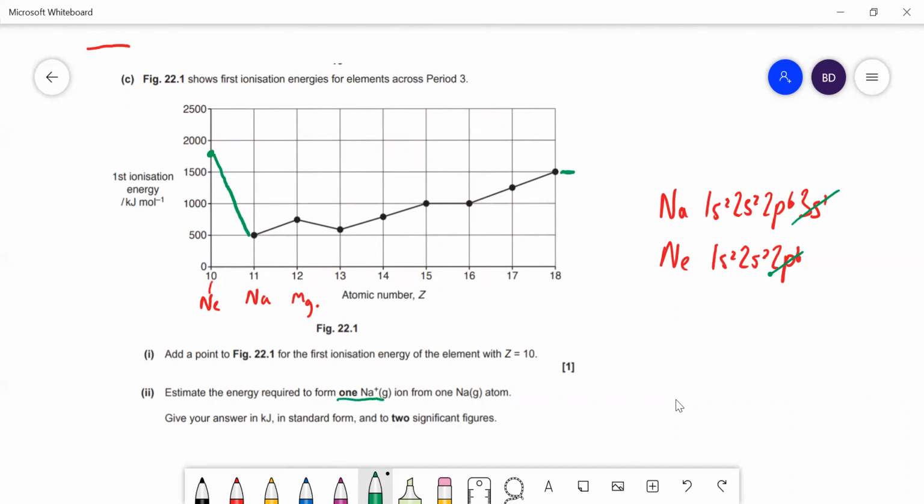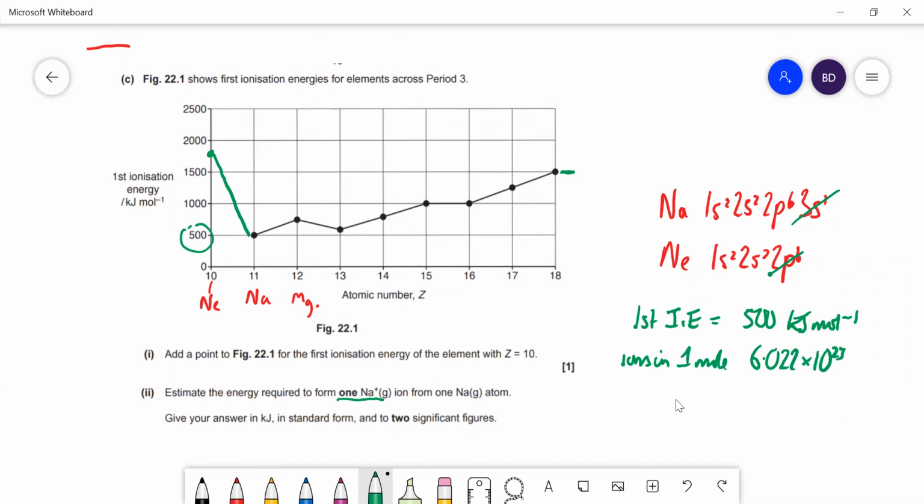Right. So the first ionization energy, that's the energy required to remove one electron from 1 mole, and you see there, it's 500 kilojoules per mole. Right, so how many ions have we got in 1 mole? We've got 6 times 10 to the 23.